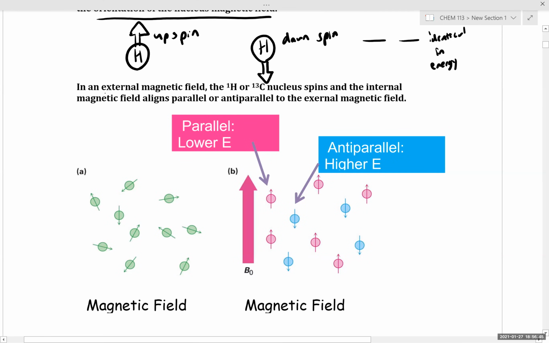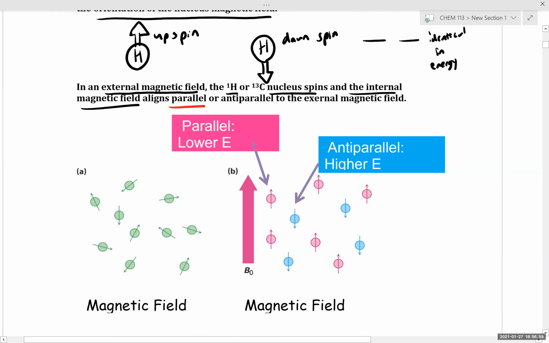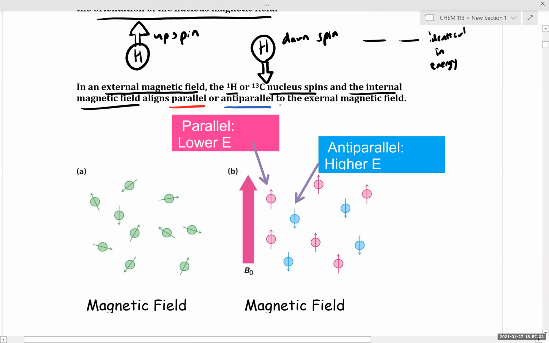In an external magnetic field, the nuclear spins and the internal magnetic field can align either parallel or anti-parallel to the external magnetic field.